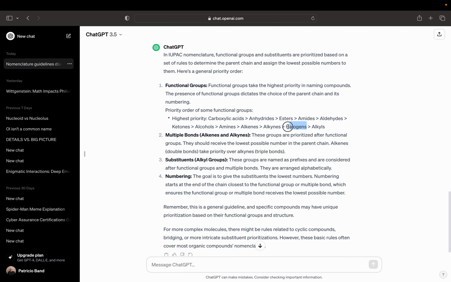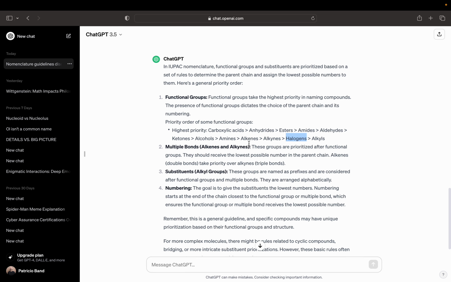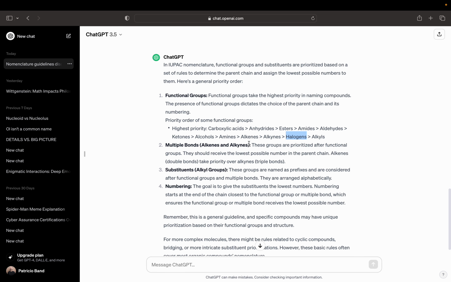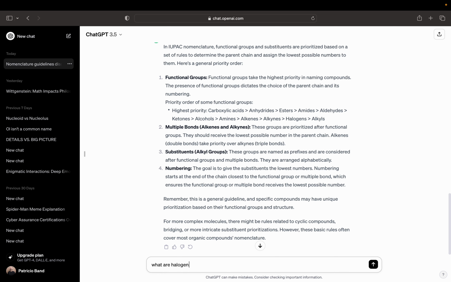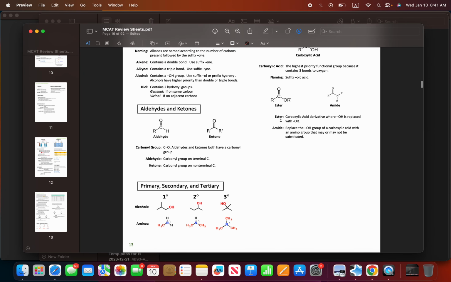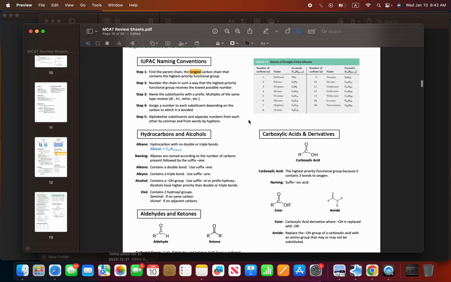Then we have halogens. We can ask, what are halogens? Give me examples. Then we have alkynes, which are the triple bonds, I believe. Do we have them here by any chance?